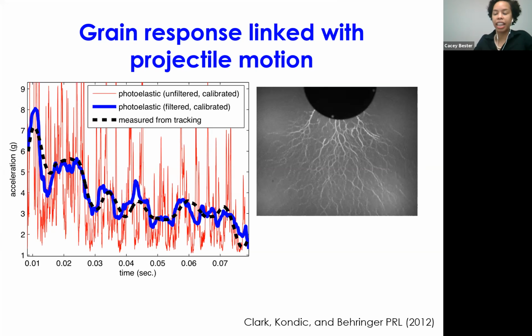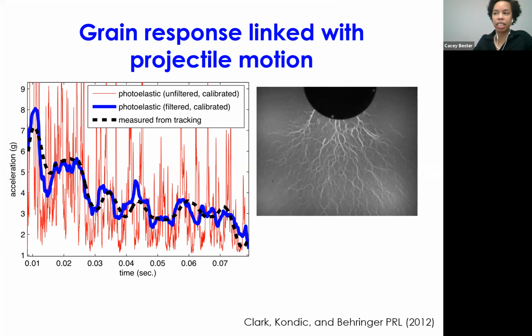So I show that here in our plot of the acceleration as a function of time. This brings me back to those fluctuations in the acceleration that we noticed earlier when looking at the projectiles, the result of the acceleration from our position measurements of the projectile.